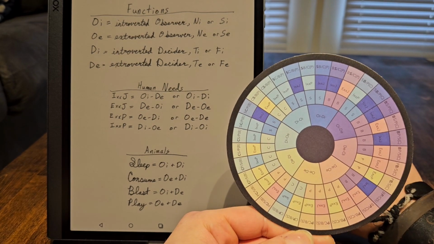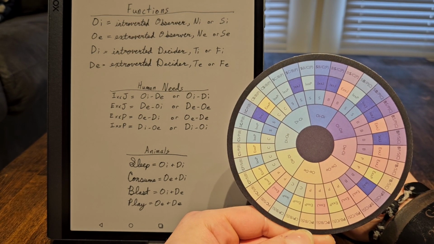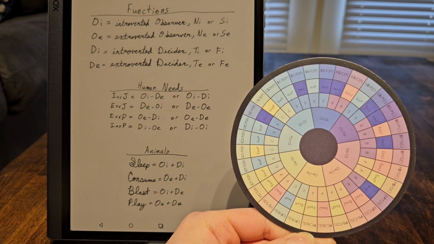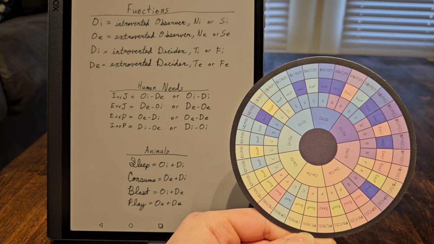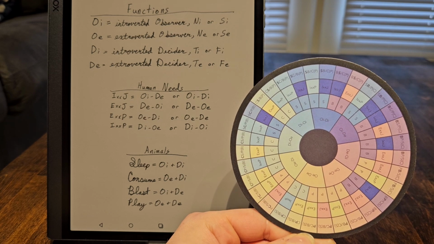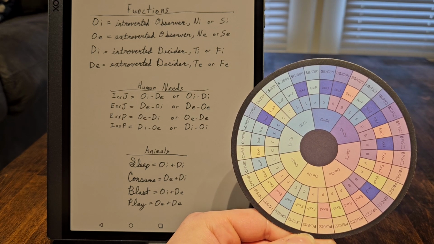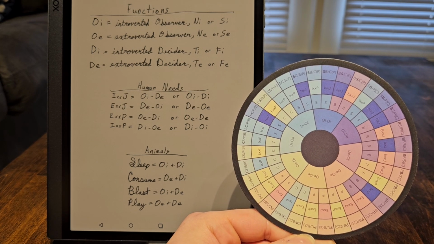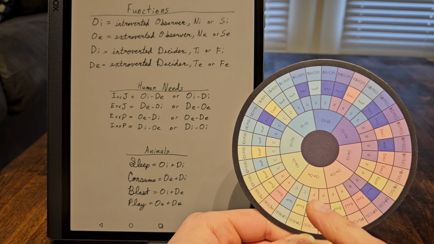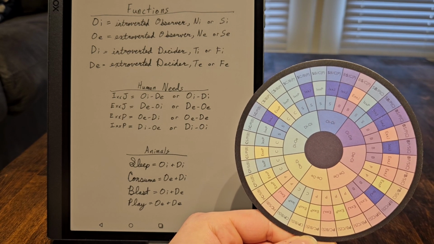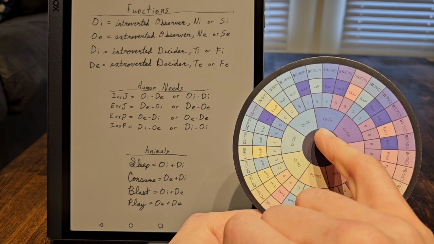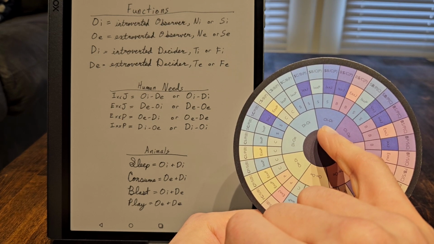So first off, at the top there, we've got that list of the functions, which is just showing you why we have OI and DE written here on the circle. That is to accommodate for the quadras, because any quadra can be DI, OI, right? Because we're not saying whether it's SI or SE or NI. So any quadra, for example, if we're looking at the OI, DI, any quadra could be OI.